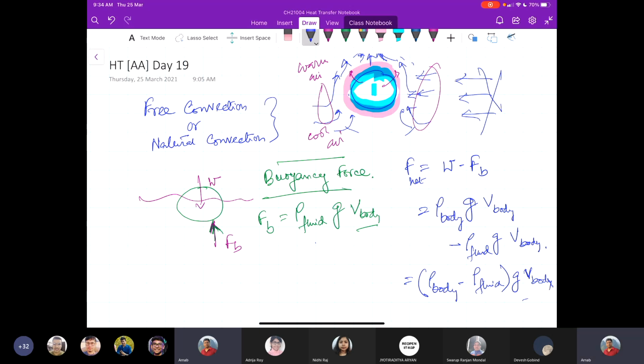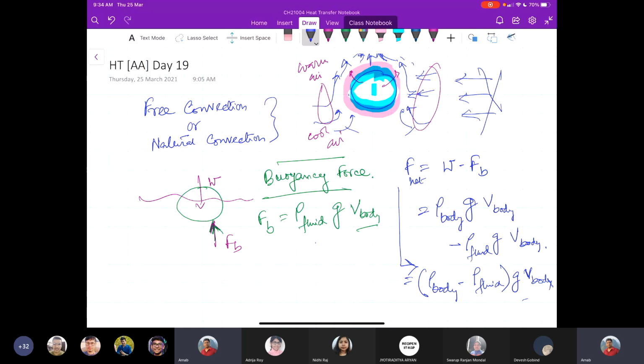How can the buoyancy force be related with the temperature? If you look at this expression, you can relate the buoyancy force with the density difference. Now the temperature and density have a relation.